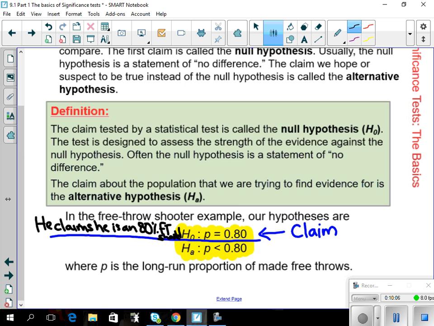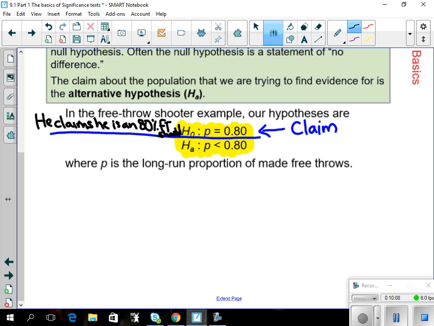How would I write the alternative hypothesis in words? The Ha. We think, what? He claims he's 80%. We think that he's less than. Be careful, because don't say that he's not. Not 80% is a different situation.